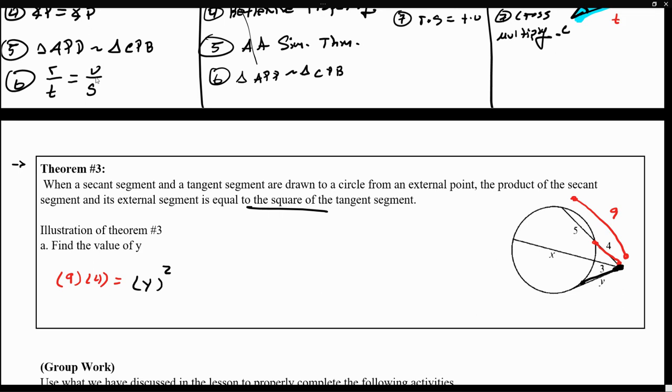Now we can solve for y. 9 times 4 is 36, so y squared equals 36. Taking the square root, y is plus or minus 6. But y represents a length, and there's no such thing as a negative length. So the real answer is just 6.